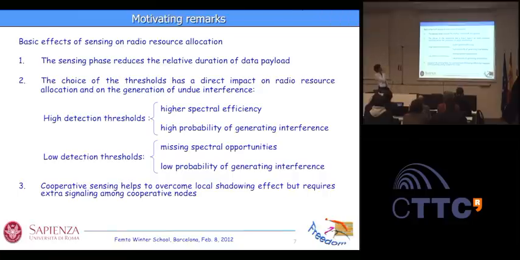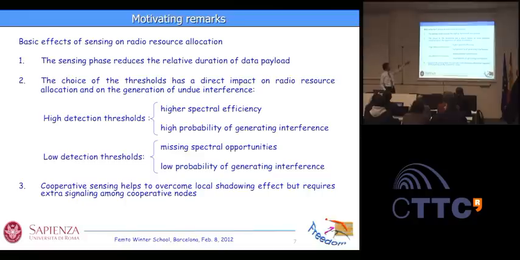The problems are the following. For example, if we set these detection thresholds pretty high, it will be more likely that we are not going to see if there is someone transmitting there, just because the threshold is very high. And then most of the times we decide for using the channel.